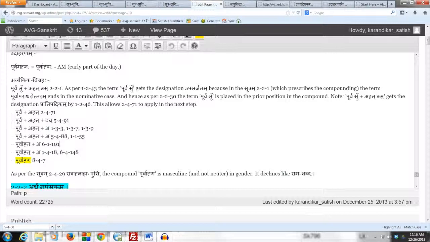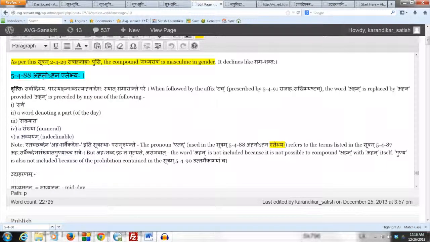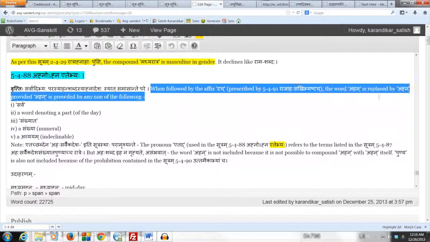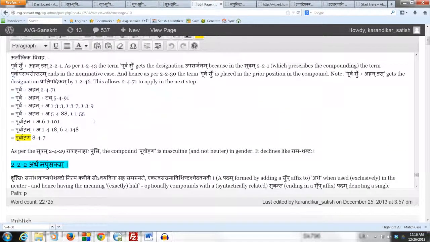Now comes 5.4.88, which we just studied. Ahno na etebhyaha. We do have ahan being followed by the affix tac and preceded by a word which denotes a part, ekadeshaha. In this case, purva. So the conditions for applying 5.4.88 are satisfied, and ahan is replaced by ahna.